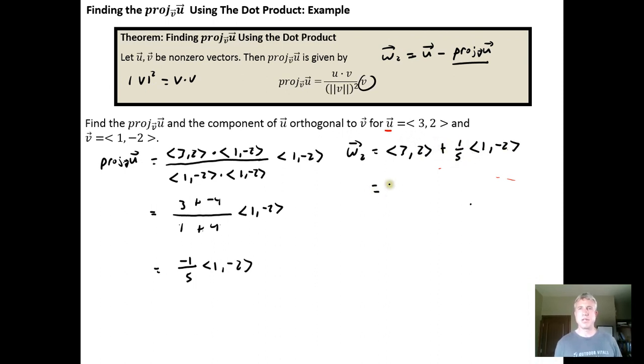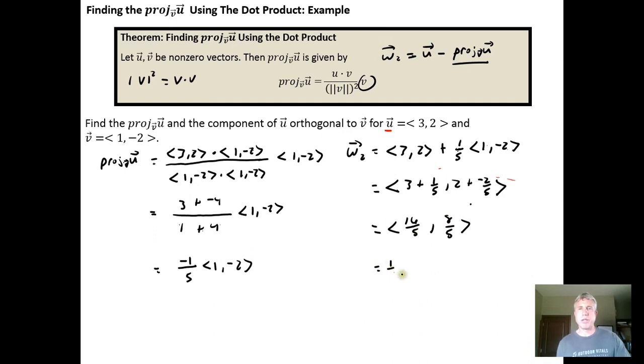And so this is going to be the vector 3 plus 1/5 times 1 is a fifth, so 3 plus a fifth, comma, and then I'm going to get 2 plus 1/5 times negative 2 is negative 2/5. And then we can simplify a little bit, so this is going to be the same as 15 plus 1 is 16/5, comma, and here we're going to get 10 minus 2 is 8/5. So there's the orthogonal component of u.